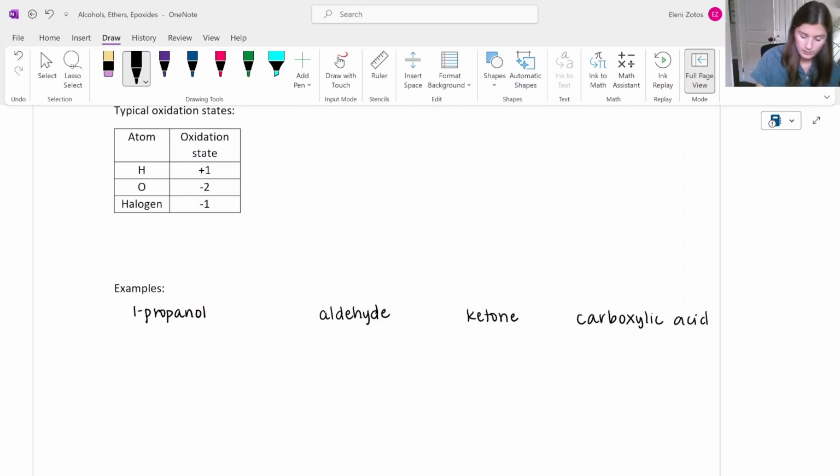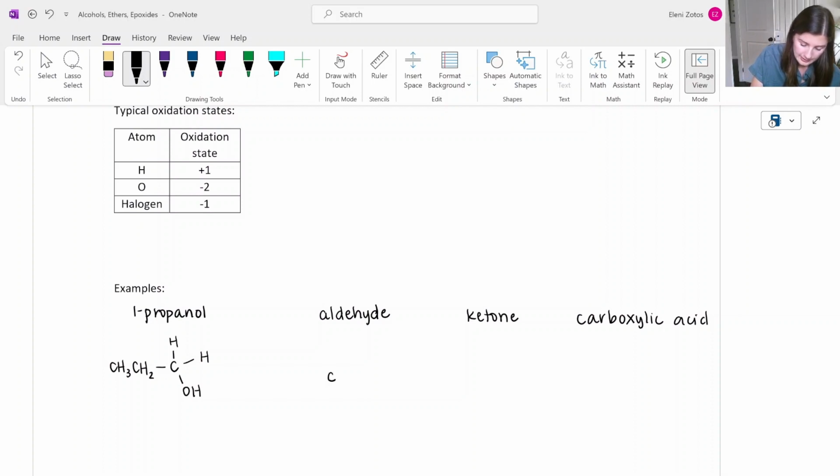So 1 propanol, we have 3 carbons. And if you're calculating the oxidation state of a carbon, I find it useful to draw out all of the bonds. So here's 1 propanol. You should be able to draw that molecule on your own.